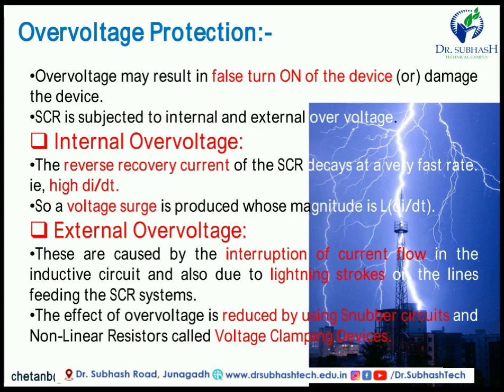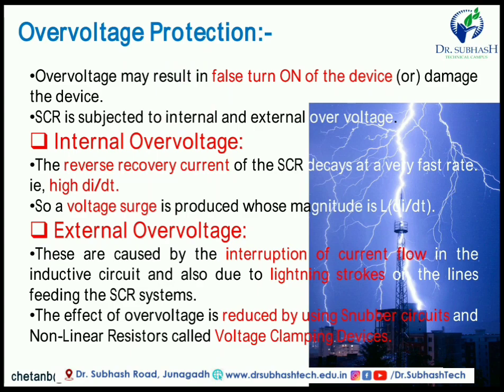For that we require some external device to reduce this type of condition, and this overvoltage effect is reduced by using a snubber circuit. A non-linear resistance, called a voltage clamping device, is also required for this type of situation.